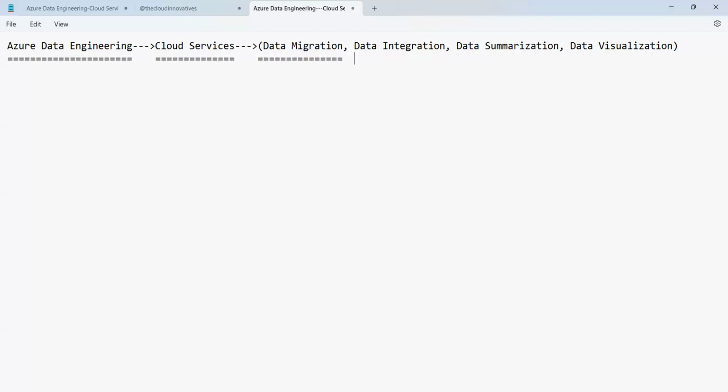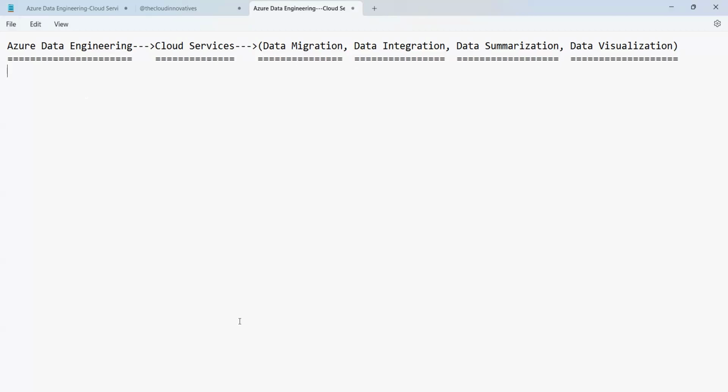The first one is data migration, the second is data integration, the third is data summarization, and then you have data visualization.